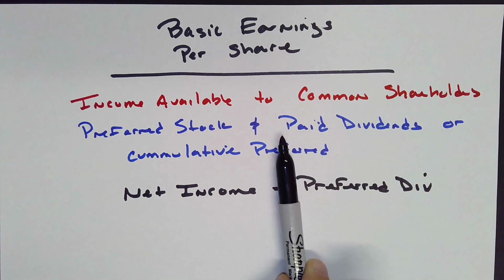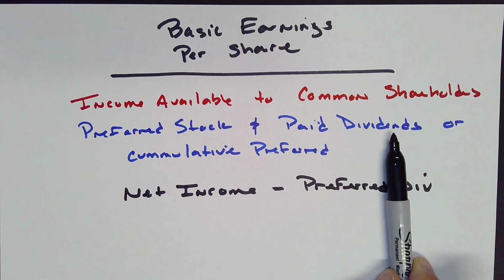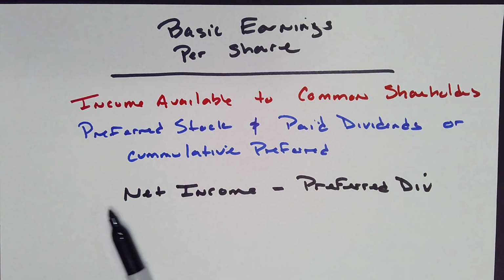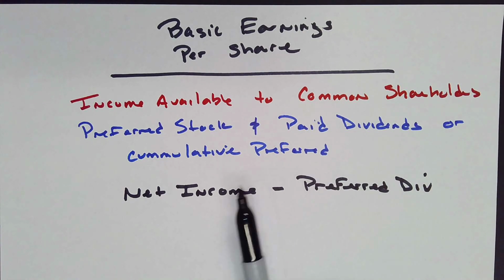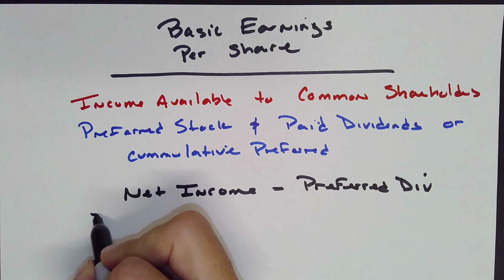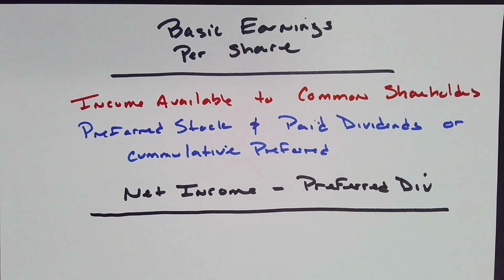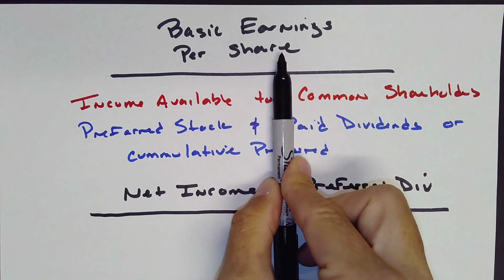And even if I have declared these dividends but still haven't paid them, I have made a declaration. So that's going to be net income that is available to common shareholders, to get rid of the preferred dividends. So that is in the numerator of our equation in calculating earnings per share, right?